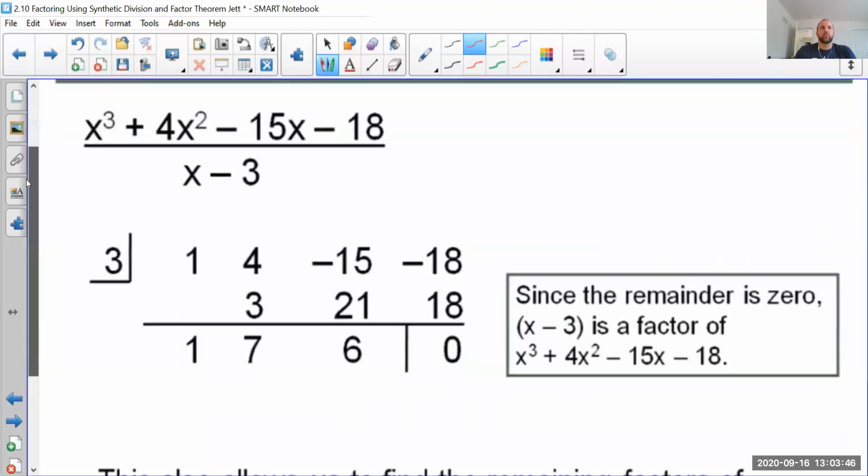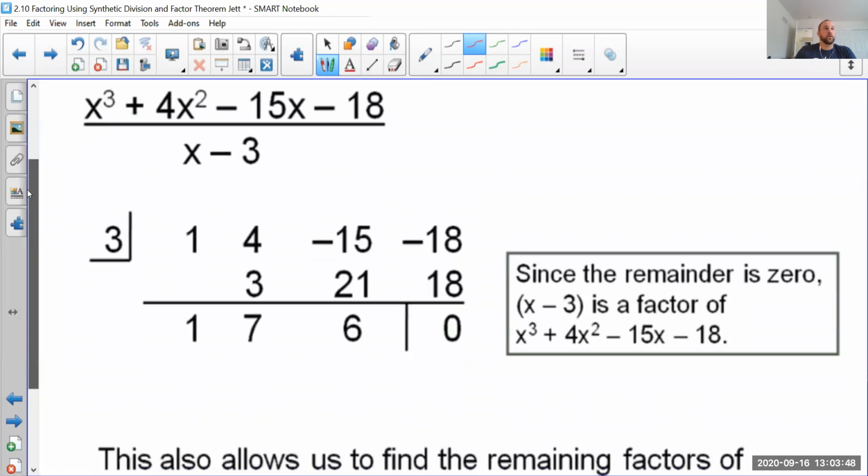So another example before we actually jump into doing some examples here. If we wanted to divide this polynomial right here by x minus 3, that would tell us if x minus 3 is a factor. So we put positive 3 here, we use our synthetic division, we get a remainder of 0.